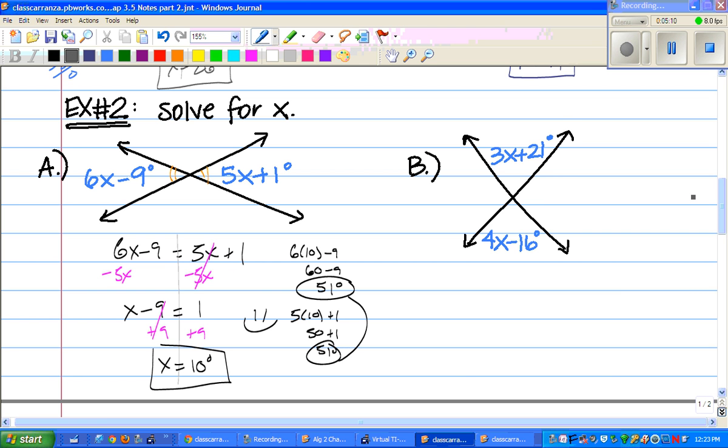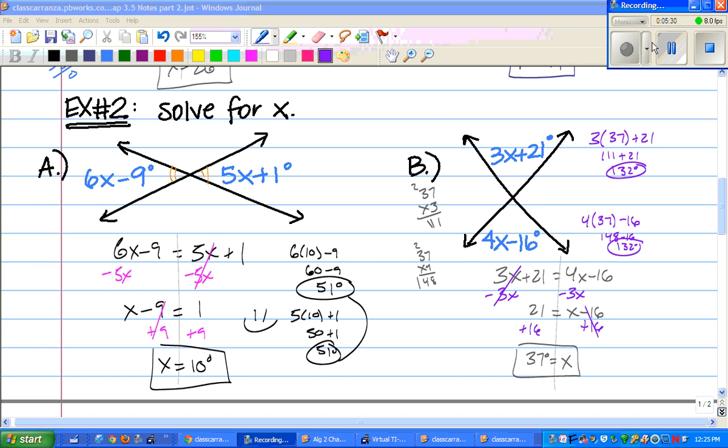All right, think you guys can handle the next one? Let's find out. 3x plus 21. Remember to set these equal to each other, and subtract the smaller variable. Okay, let's pause the video and see how you guys do. All right, and there we go.